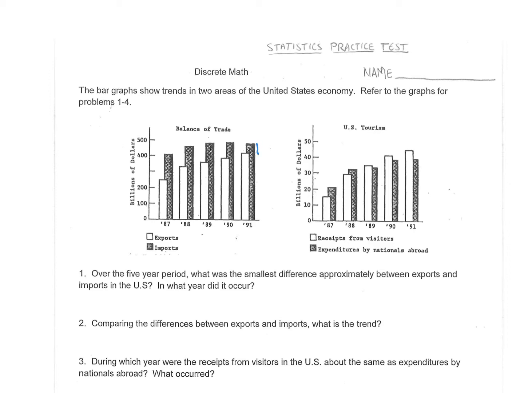Measuring that amount, if we come directly over, that's about 50, and it's in billions. So in 1991, it was about 50 billion, the smallest difference between imports and exports.